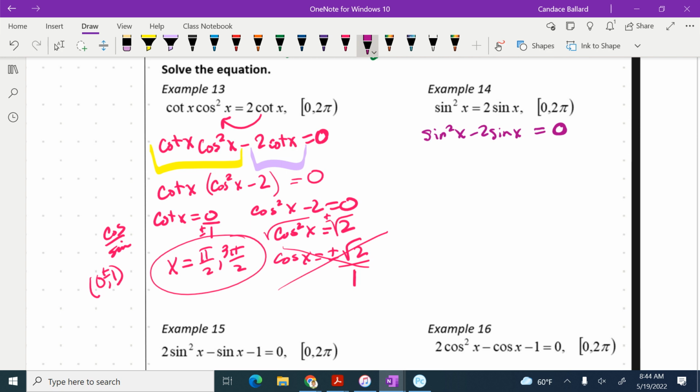About 30 more seconds. Okay, I want you to check it with your table. So have a conversation with your table, compare your answers.